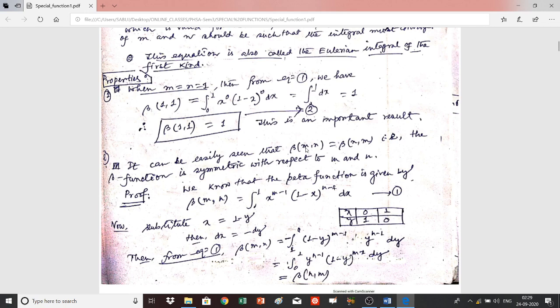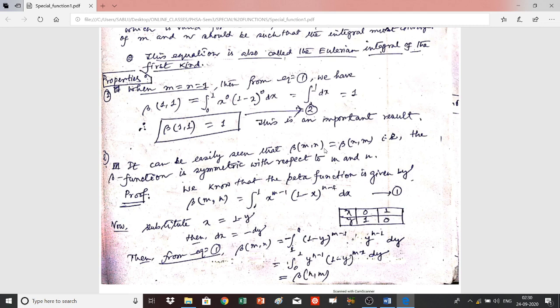That means if the indices are interchanged for a beta function, then the result will be the same or identical. That means the beta function is symmetric with respect to the indices m and n. So this property gives you the idea that beta m n is equal to beta n m, that is, if m and n are interchanged, the result will be unaltered.